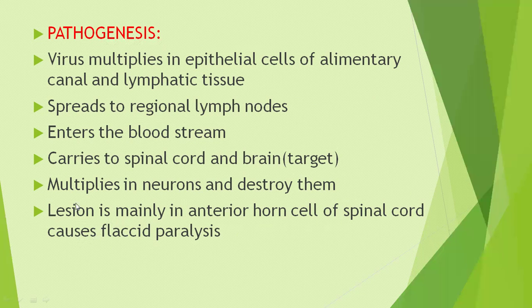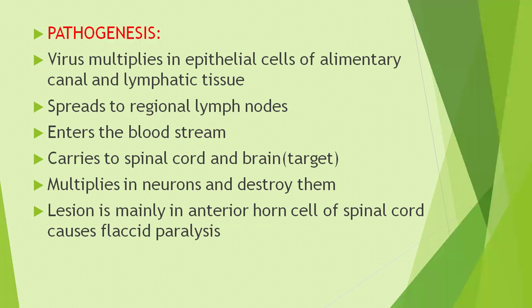Here the virus spreads to the regional lymph nodes and spills over into the bloodstream, which means primary viremia. After that, it again multiplies in the reticuloendothelial system and then again enters the bloodstream and causes secondary viremia, and then it reaches the spinal cord and brain.